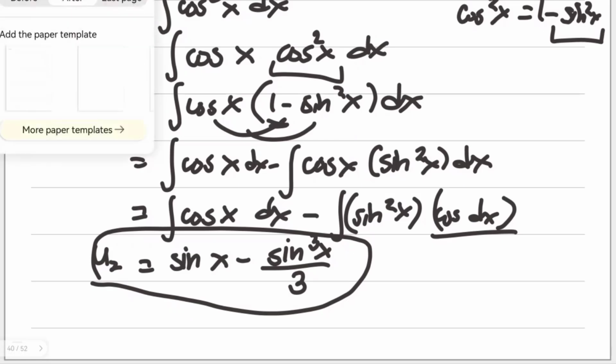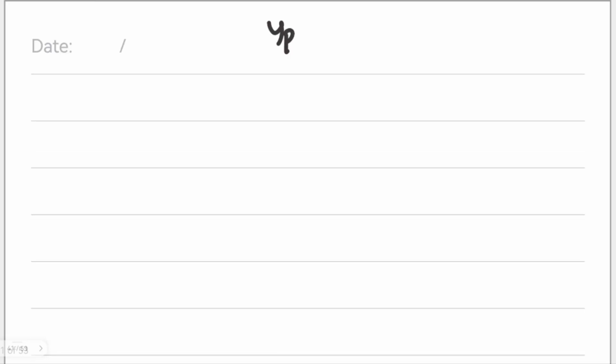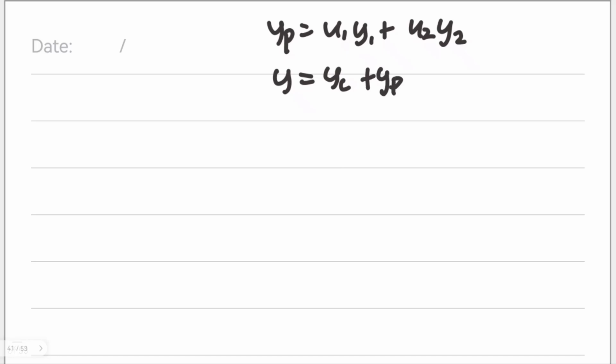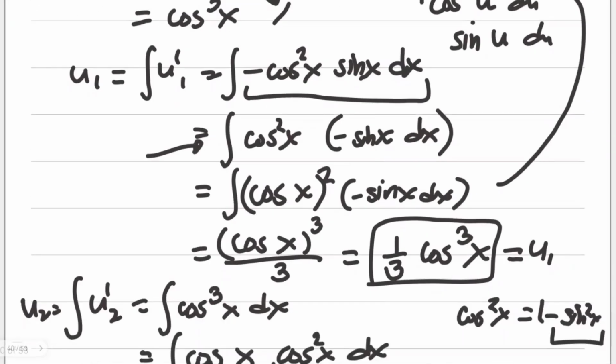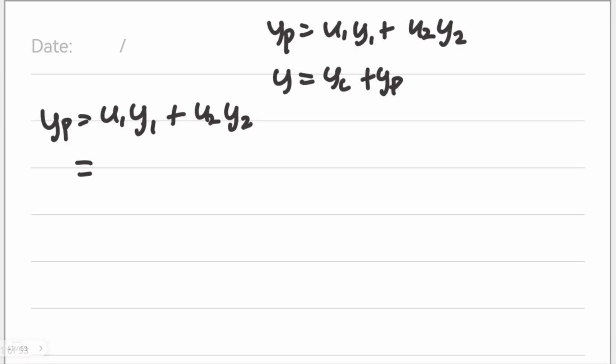Okay? So because our y sub p should be u sub 1 y sub 1 plus u sub 2 y sub 2. And our y is equal to y sub c plus y sub p. So our y sub p now is equal to u sub 1 y sub 1 plus u sub 2 y sub 2. Going back to the previous page, our u sub 1 is this 1/3 cosine cubed x.